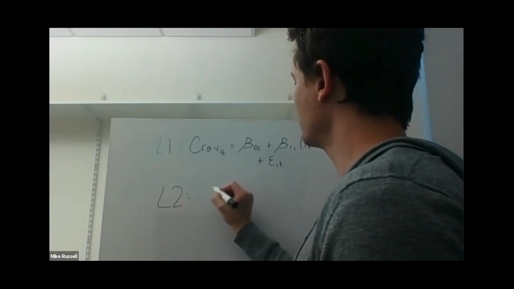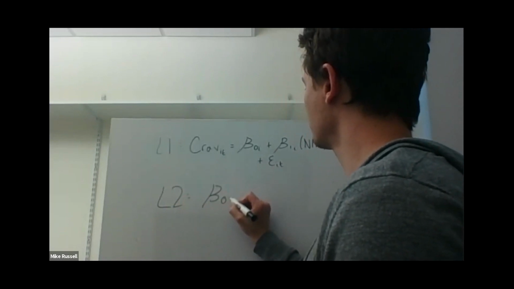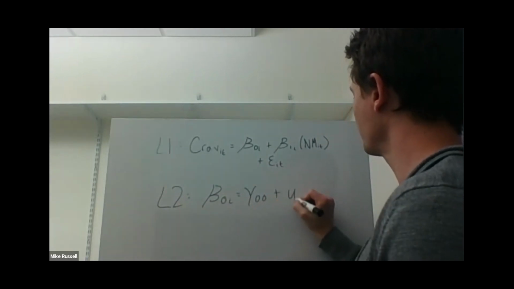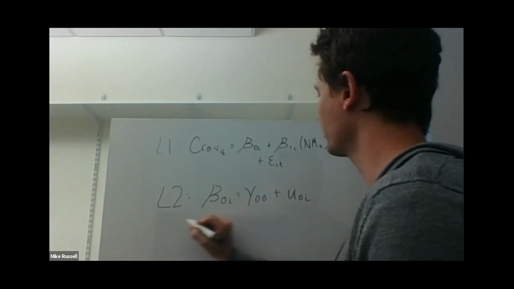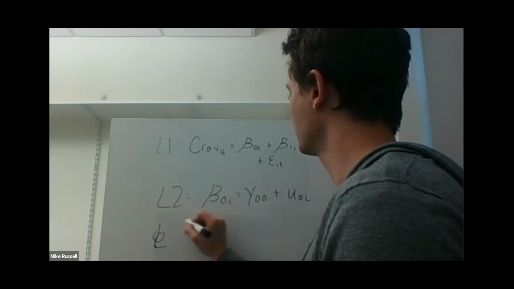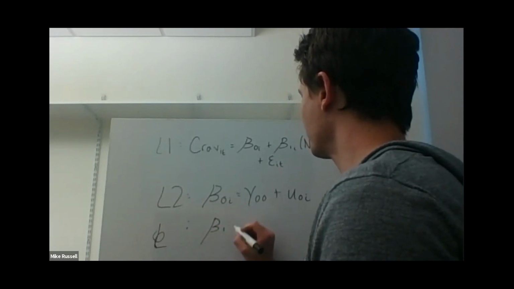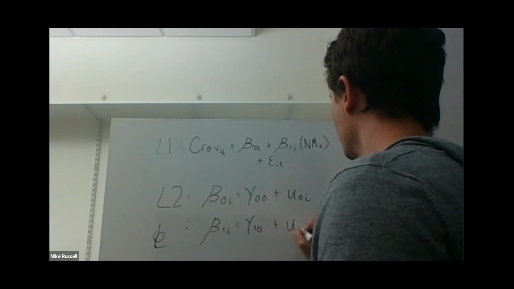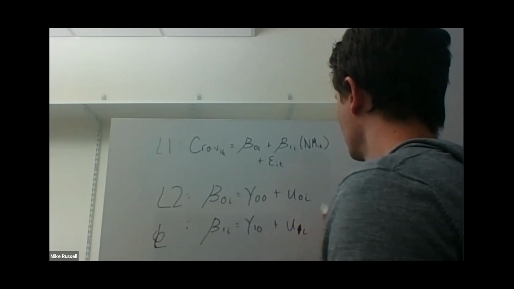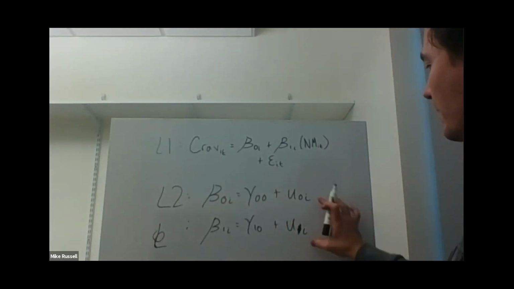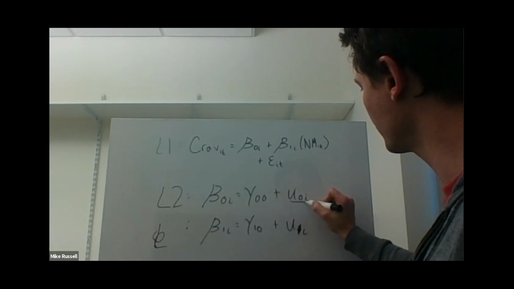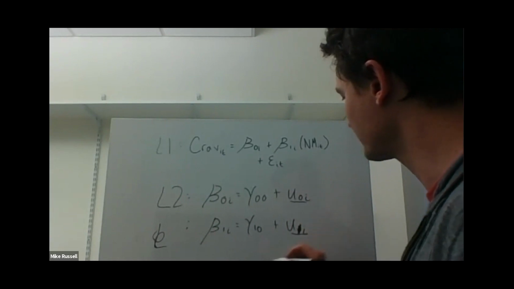And at level 2, the intercept is a function of a grand intercept, plus that person's deviation from the grand intercept, and then the negative affect slope. Okay, so we've talked about these. So this is the deviation of the person intercept and the deviation of the person slope.